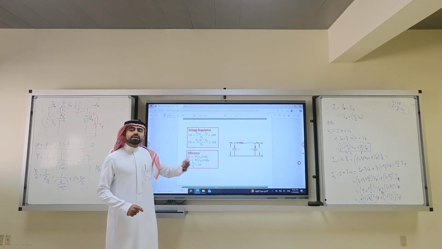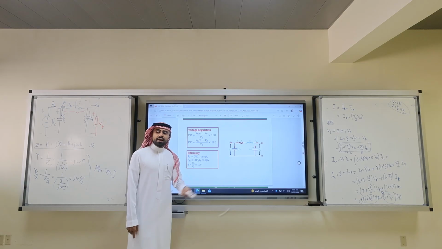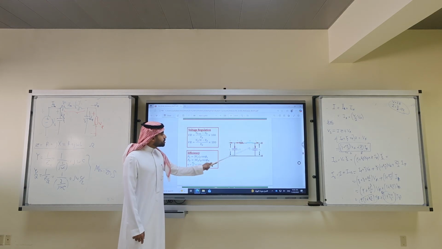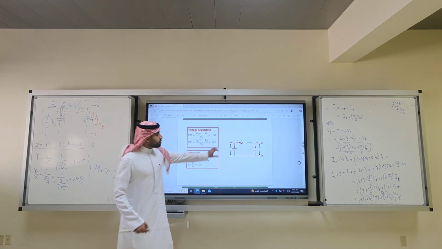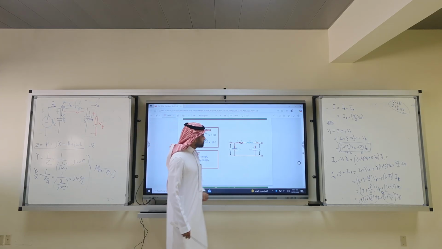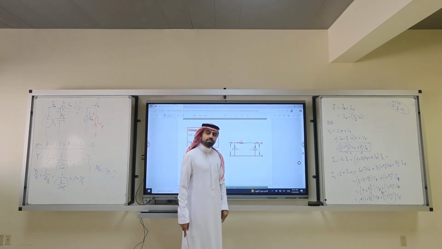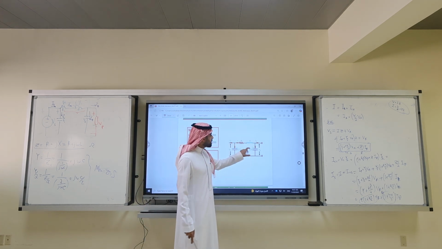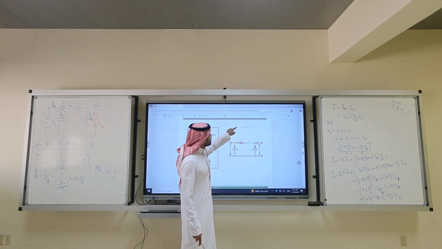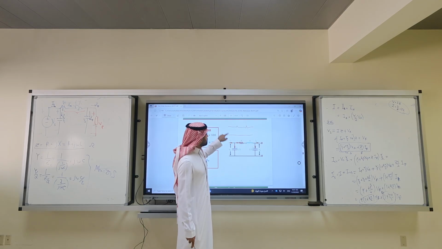What are the consequences? In the short line model, we had Z to be 0, right? So if there is no capacitor, for voltage regulation at no load, the current here will be 0. You agree with me?